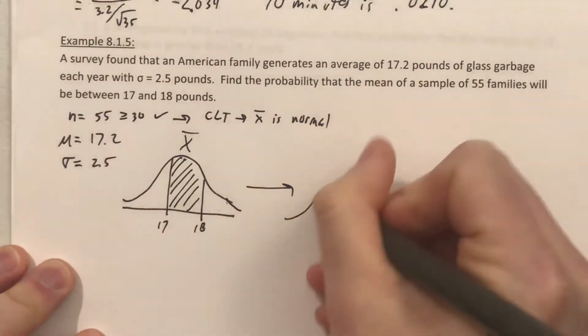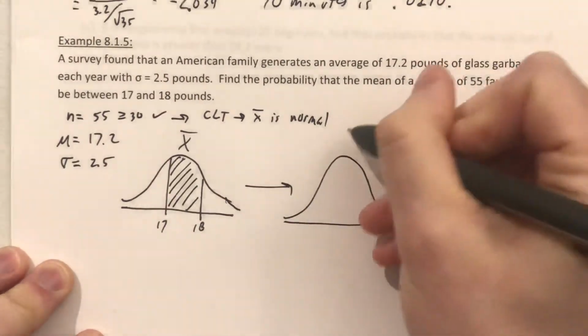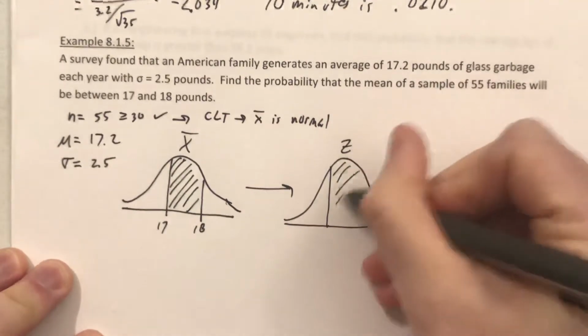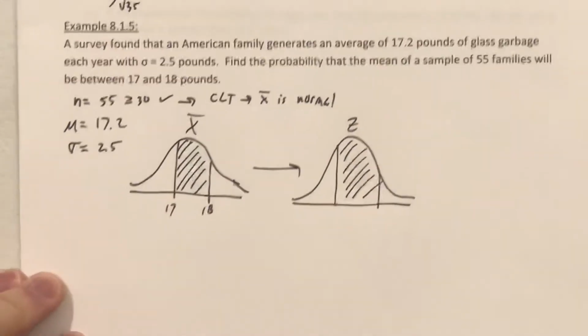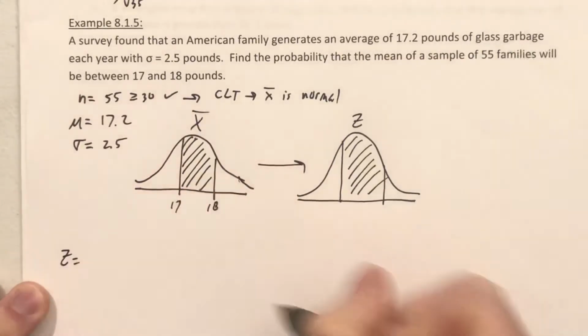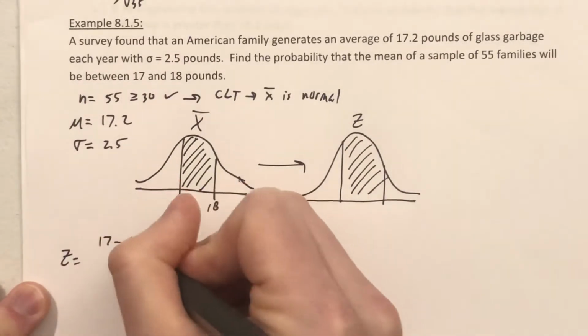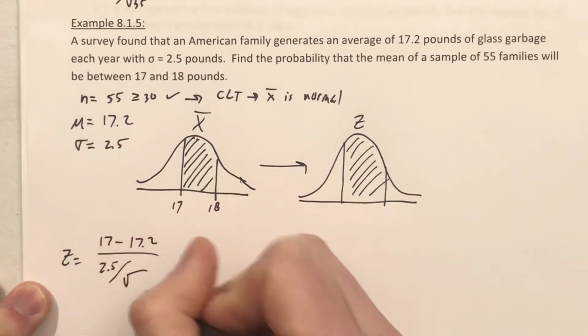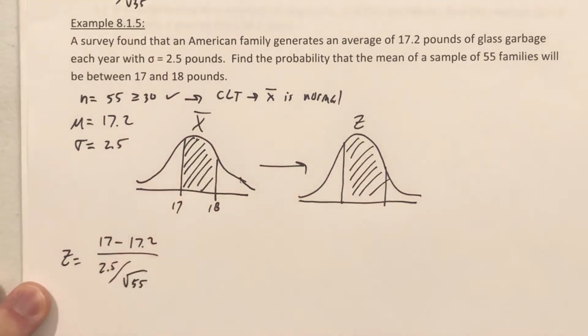So we want to convert that over to z-score world. Same picture, but we need some z-scores. So the z-score for 17 will be 17 minus 17.2 over the 2.5 over the square root of 55.